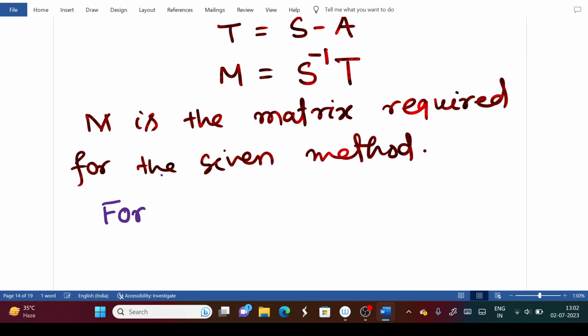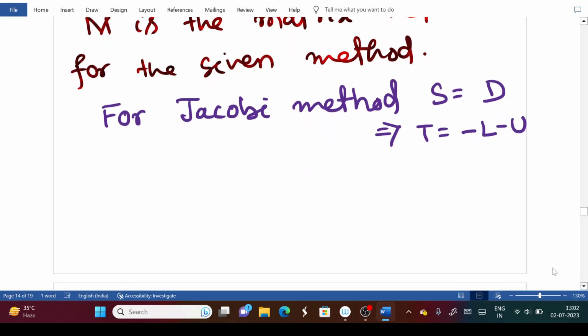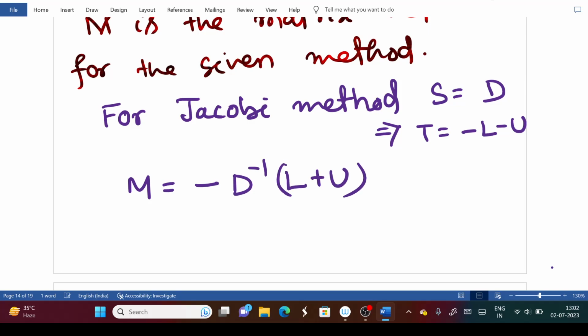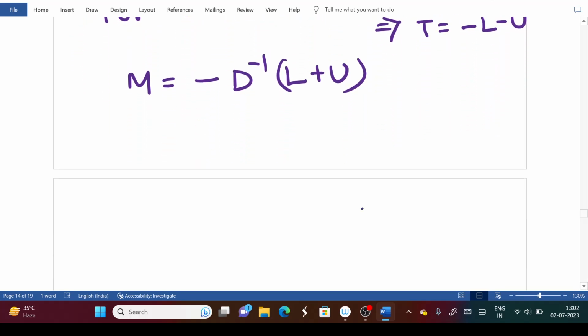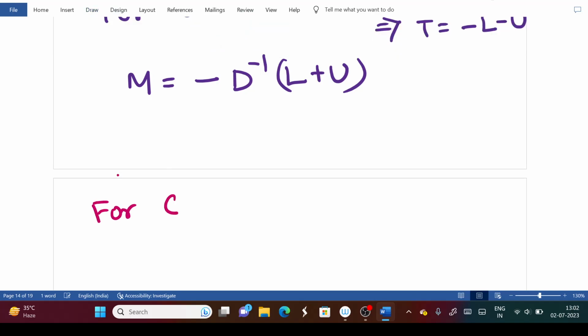For the Jacobi method, S is equal to D, which implies T is equal to minus L minus U. So M is equal to minus of D inverse into L plus U. And for the next page, we will do the Gauss-Seidel method.